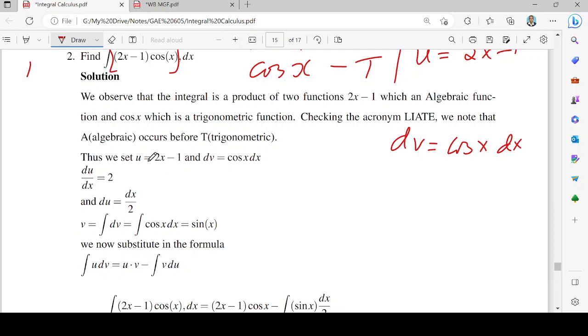So we set u to be 2x minus 1 and dv to be cosine of x dx. The derivative of u with respect to x will be 2, so that du by dx is equal to 2, so that du becomes 2 dx.